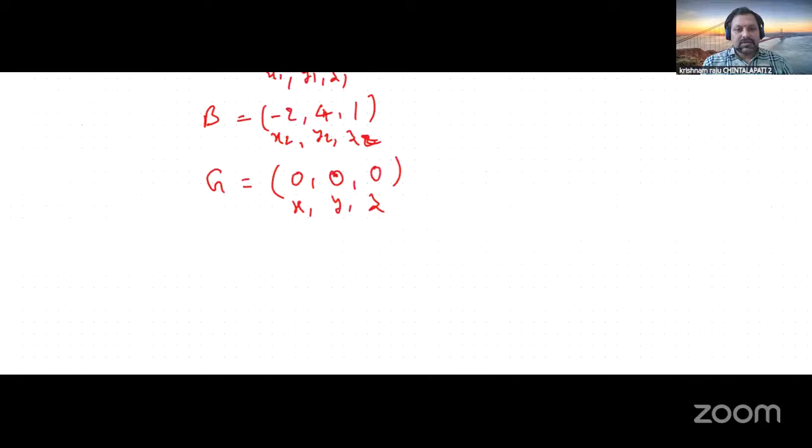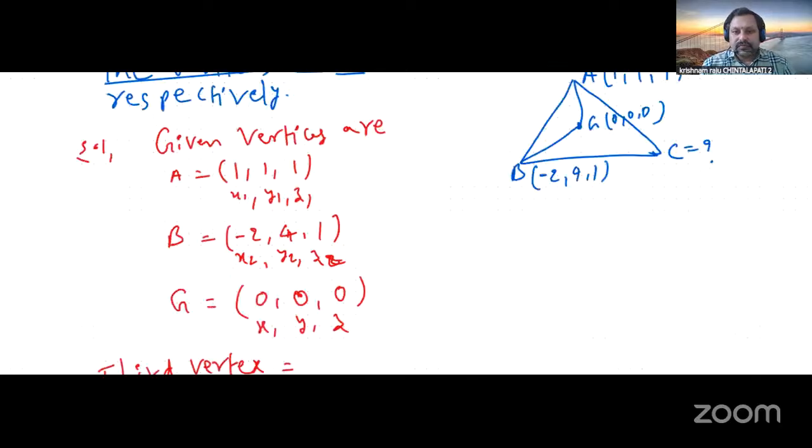This is a 2 marks question. No need to find the actual centroid and equate it with the given centroid, because you will spend more time solving like that. This is the easy way.